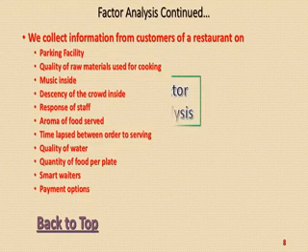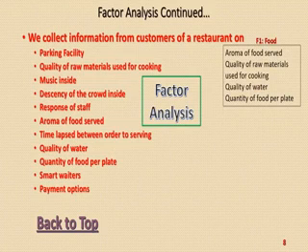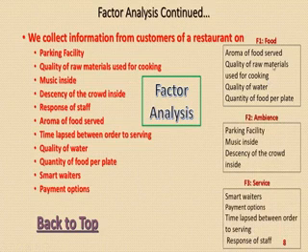What it will do is classify these statements into some groups. It identifies that there are 3 factors, 1, 2, 3, and the first factor is the most important factor, the second factor is a little less important, and the third factor is the least important factor. There may be more factors also.